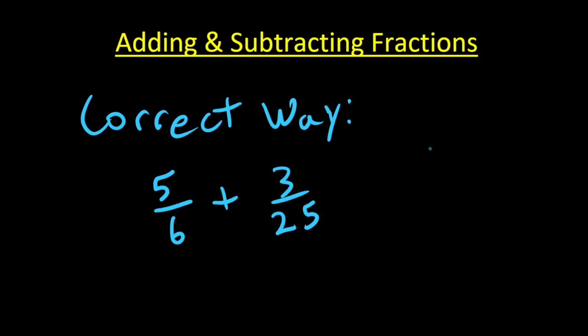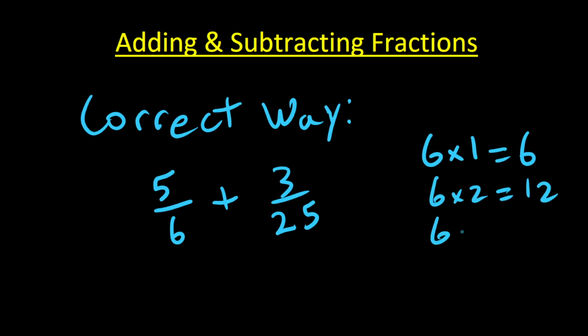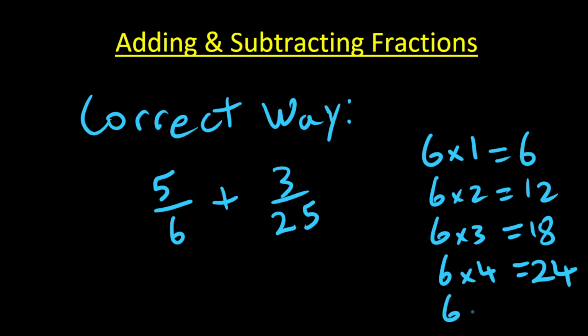And you might think of a few numbers if you go through your multiplication table. 6 times 1 is 6, 6 times 2, 12, and then 6 times 3 is 18. But then you get to 6 times 4, it's 24. It's not 25. And then if you go one step further, 6 times 5, then you get to 30, which just overshoots 25. We never get to exactly 25 when we multiply 6 by anything.